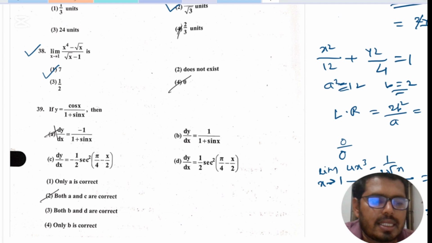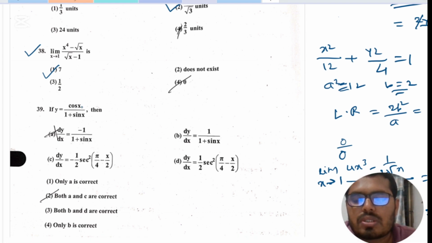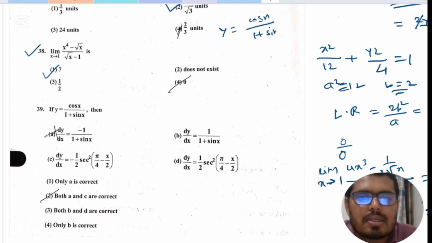Okay, next is the derivative. If y is equal to cos x divided by 1 plus sin x, then find its derivative. Here we use the u by v derivative rule.